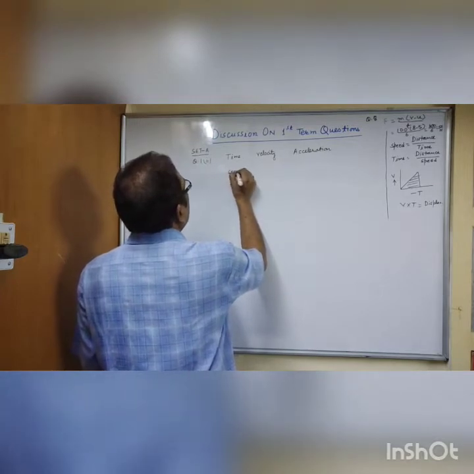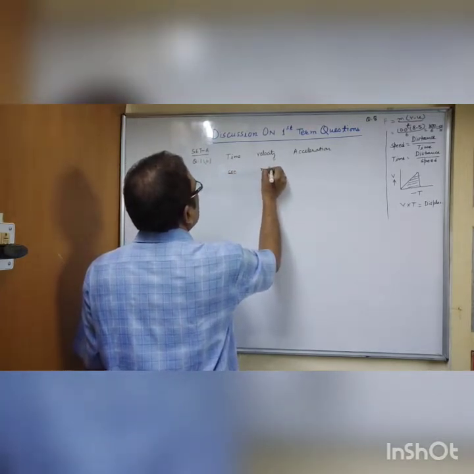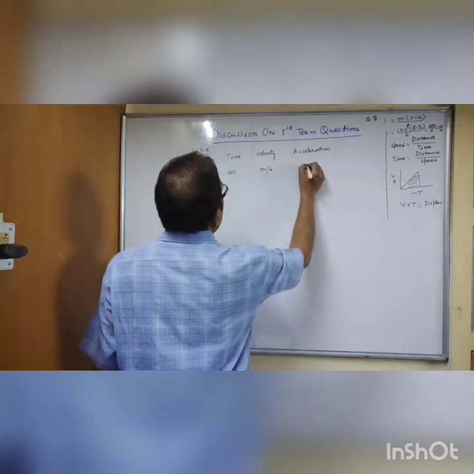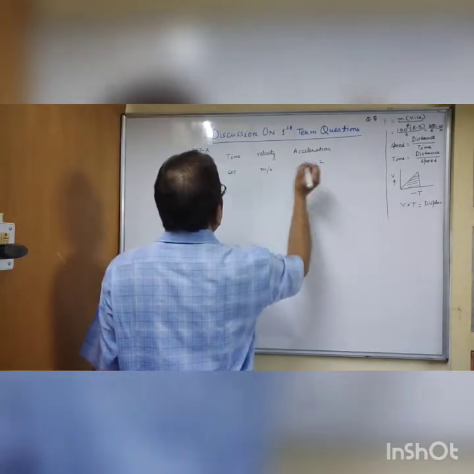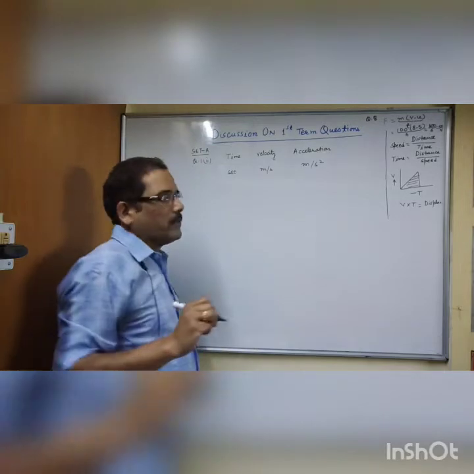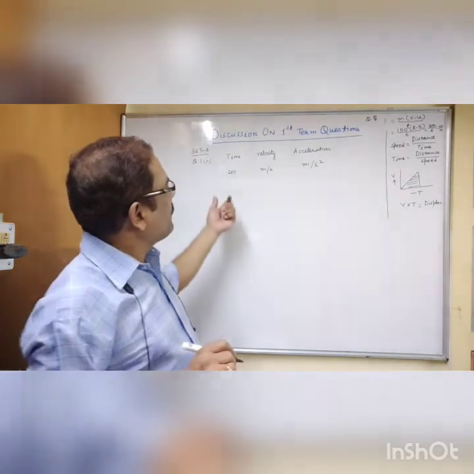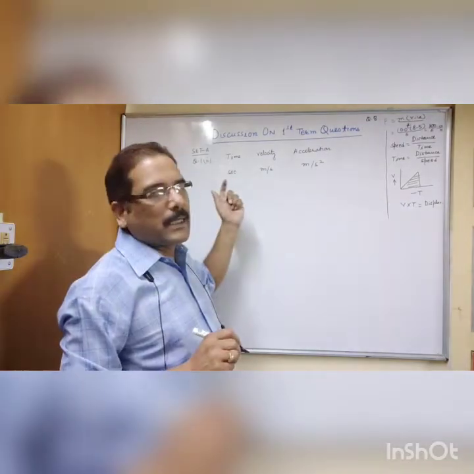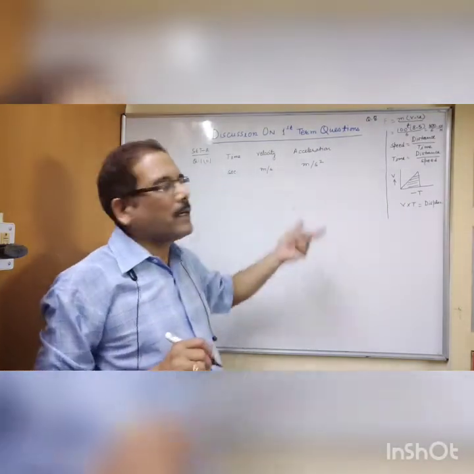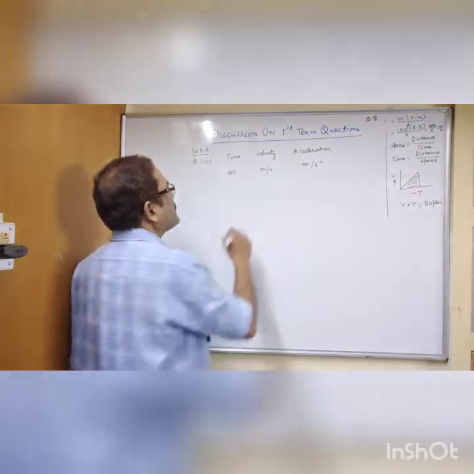So time is second, velocity is meter per second, and acceleration is meter per second square. These are the units. In the question they are asking that if we multiply two quantities, then it will give the unit of the third.